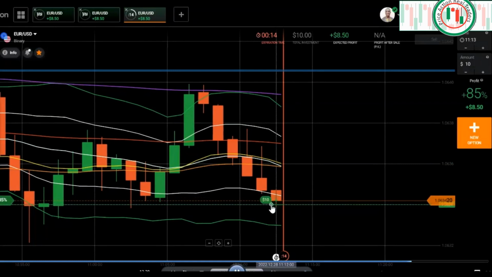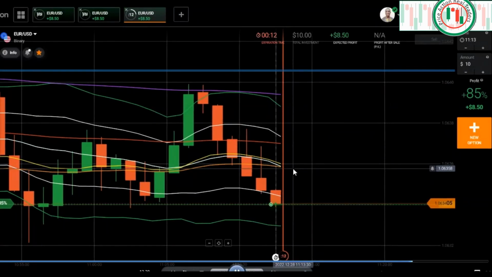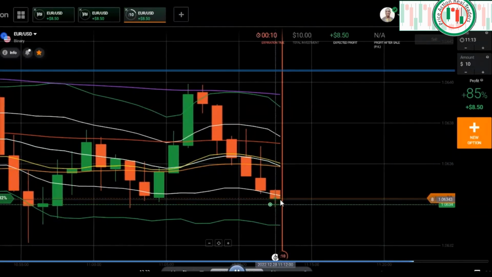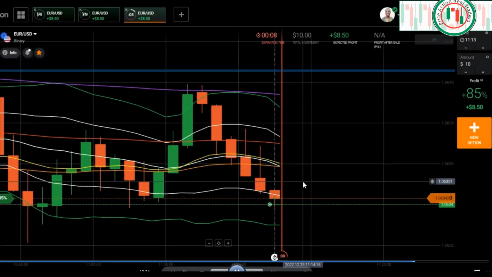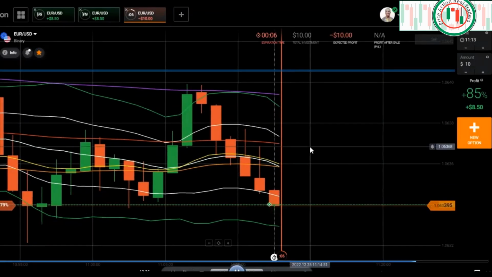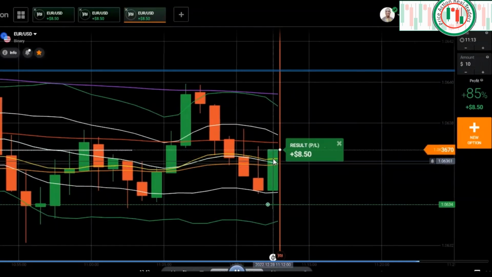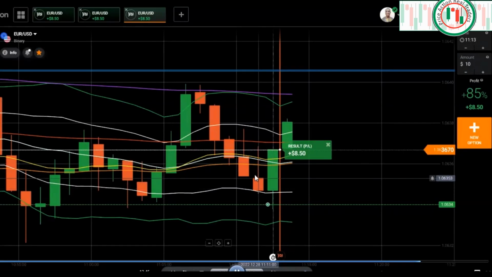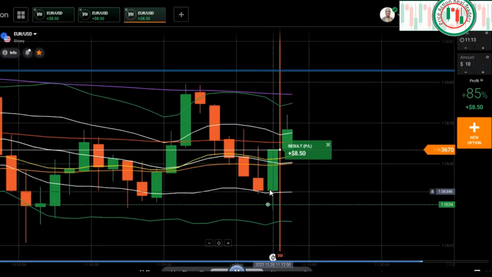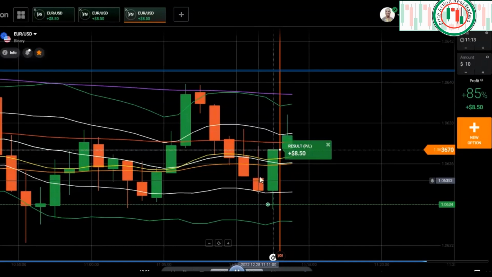We have 15 seconds, 9 seconds, 5 seconds. You see bias entry, very strong bias entry, because inside the previous candle I can see strong bias, that's why I place my trade call option with margin of safety.